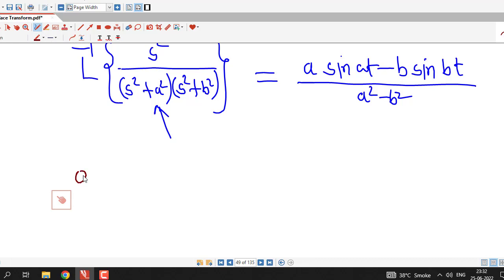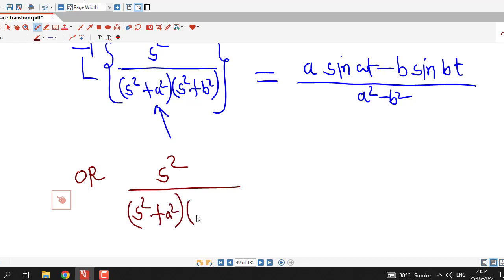Suppose we are going for the method of partial fractions to obtain this inverse Laplace transform, then we can see there are two quadratic factors in the denominator, so we can use partial fraction decomposition.